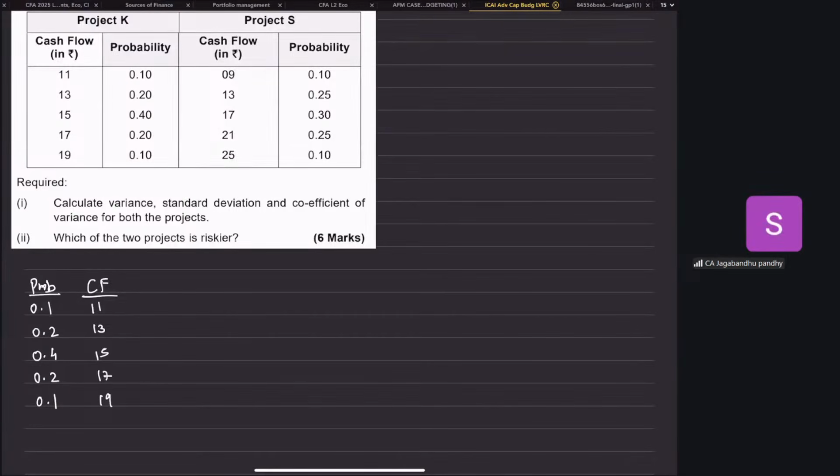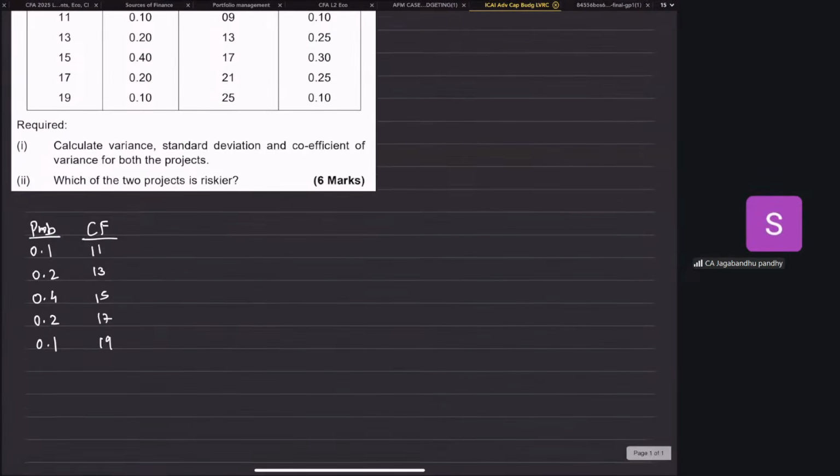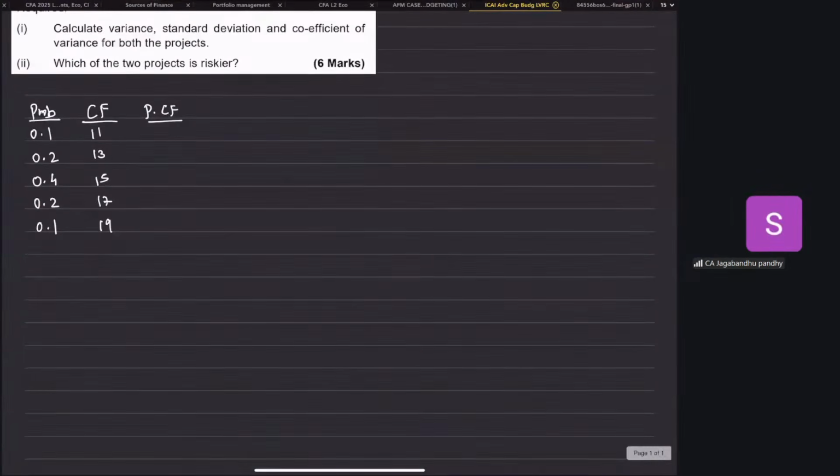So how do we calculate the variance? First I need to calculate probability into cash flow, which will give us the expected cash flow, the summation of probability into cash flow.